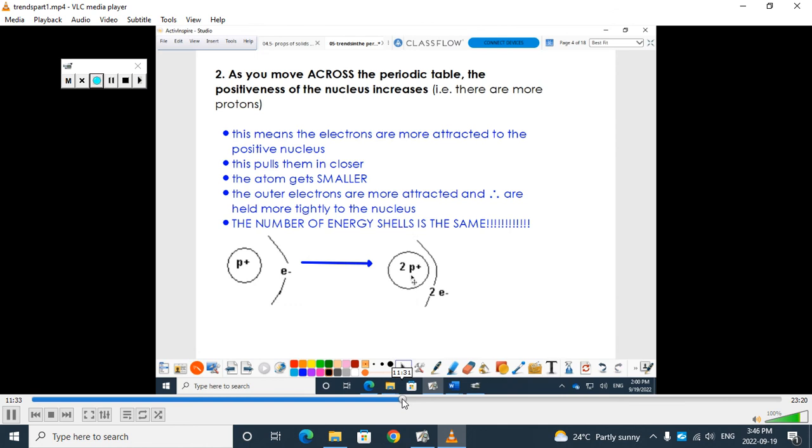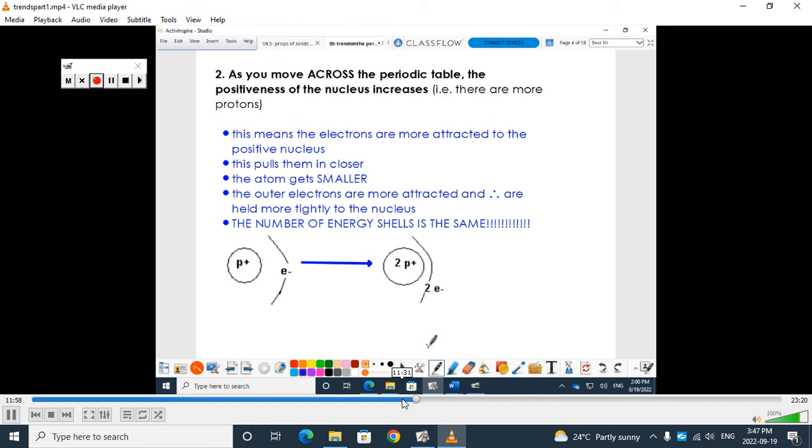Okay, and then when we go across, so now this picture I've included is horizontal on purpose because the number of energy shells is the same. Okay, so the number of orbits or whatever is the same. So we're not going to consider up and down and over.